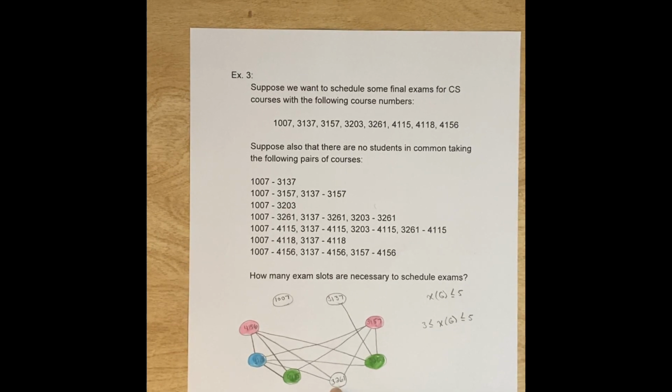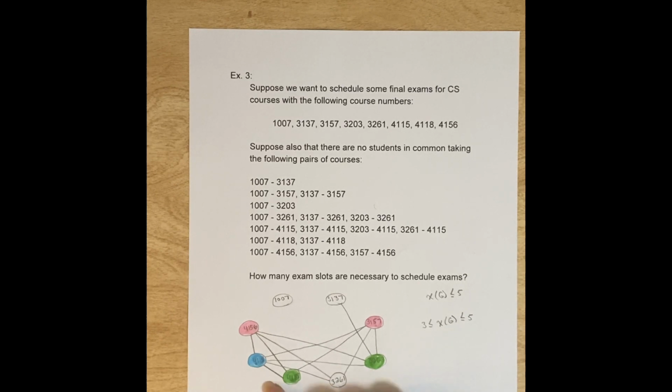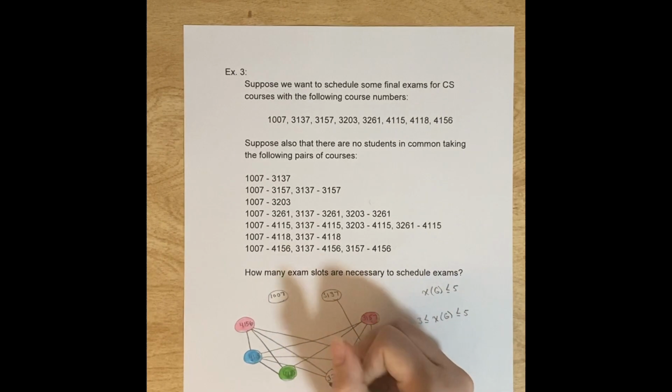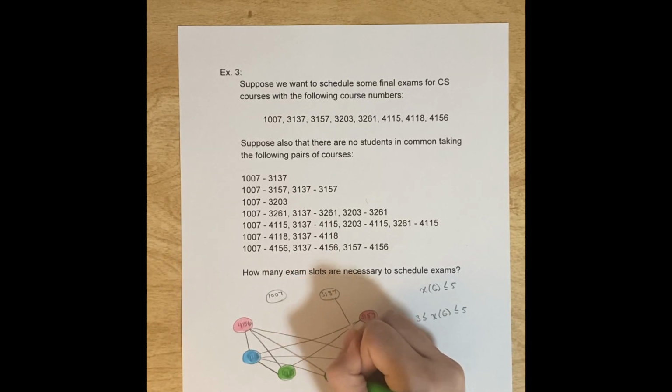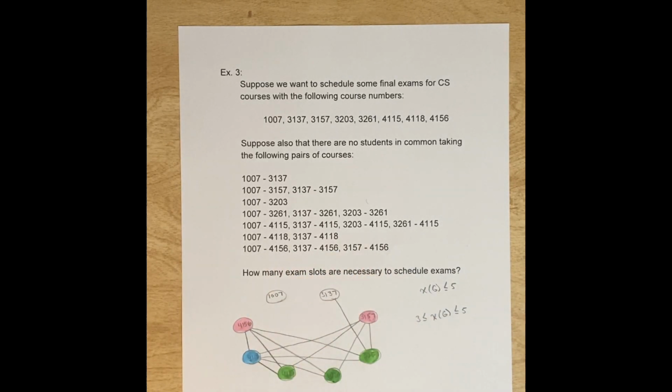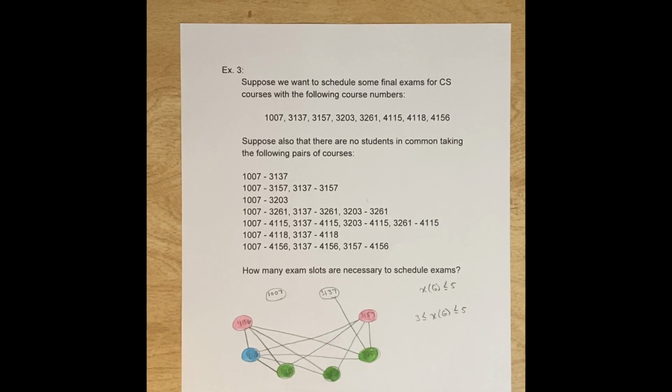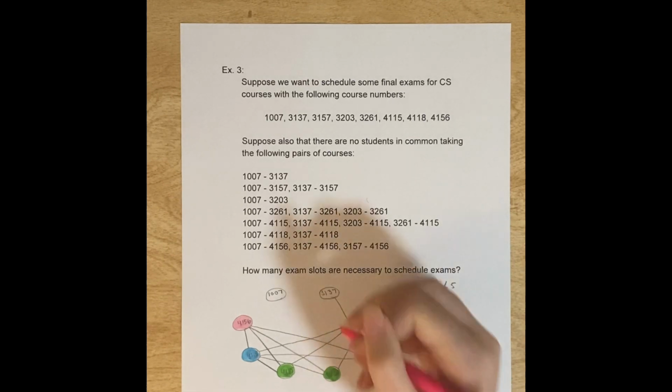The vertex 3261 is adjacent to both a blue vertex and 2 pink vertices. Therefore, it must be green. 3137 is only adjacent to 3203, which is green. Therefore, it could be pink or blue, either one. I'm going to choose pink.